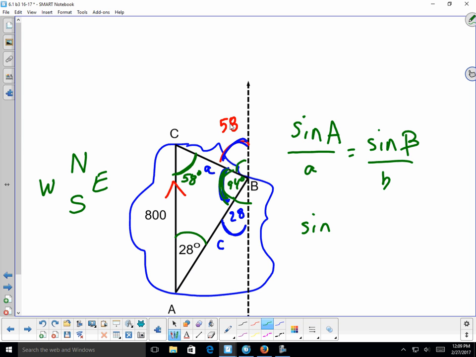Josh? So it's going to be sine of 28 degrees over A, because we don't know A yet, equals sine of 94 over 800. Would you go ahead and work that out, please, and see what you get for side A?